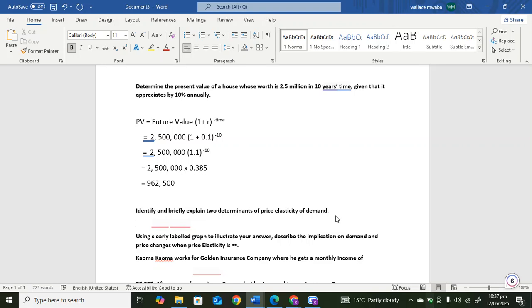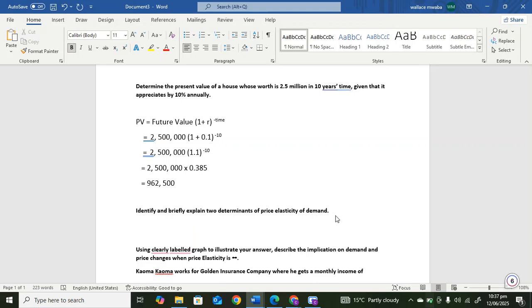All right. Question number 2. Identify and briefly explain two determinants of price elasticity of demand. So before we find these two determinants, what is price elasticity of demand?